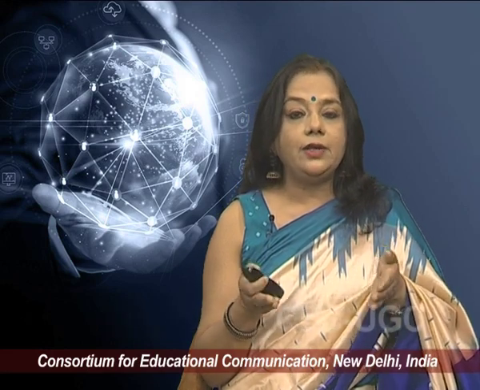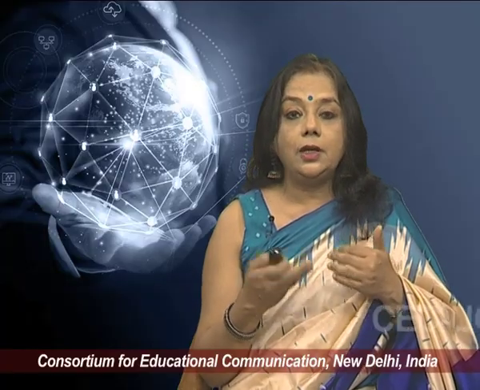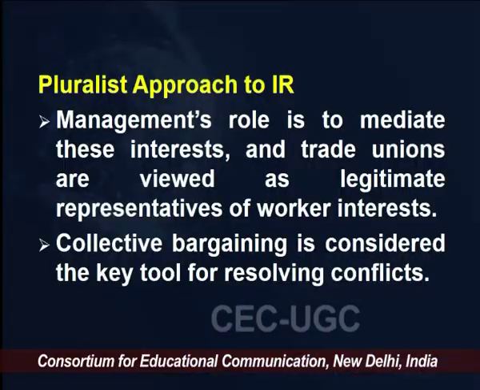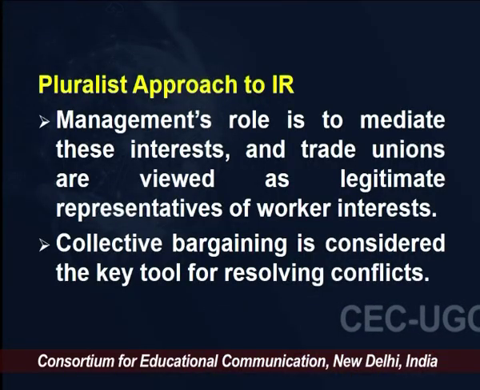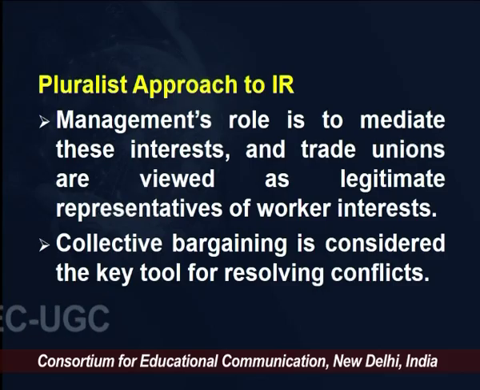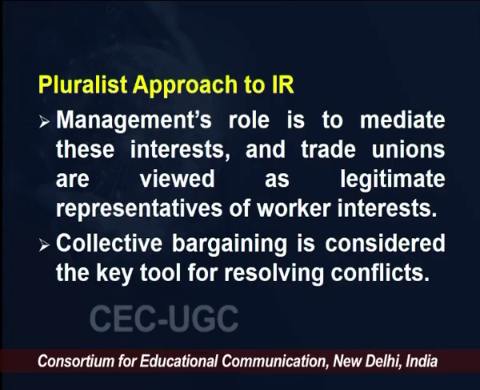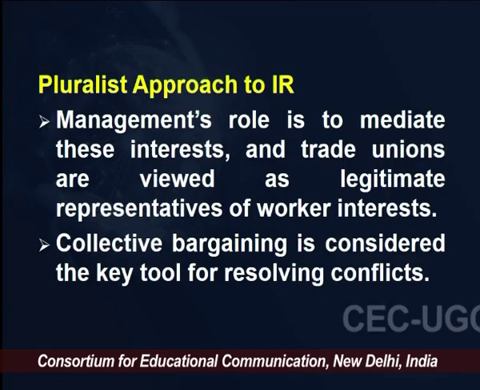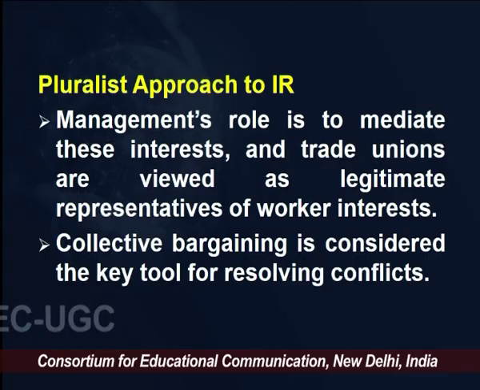Here they are believing that conflicts are bound to arise also because the two groups have different perspective, that is the employers and employees. Management's role is to mediate through interests, and trade unions are viewed as legitimate representatives of worker interests. So, they believed in trade unionism. Collective bargaining is considered as the key tool for resolving conflicts.